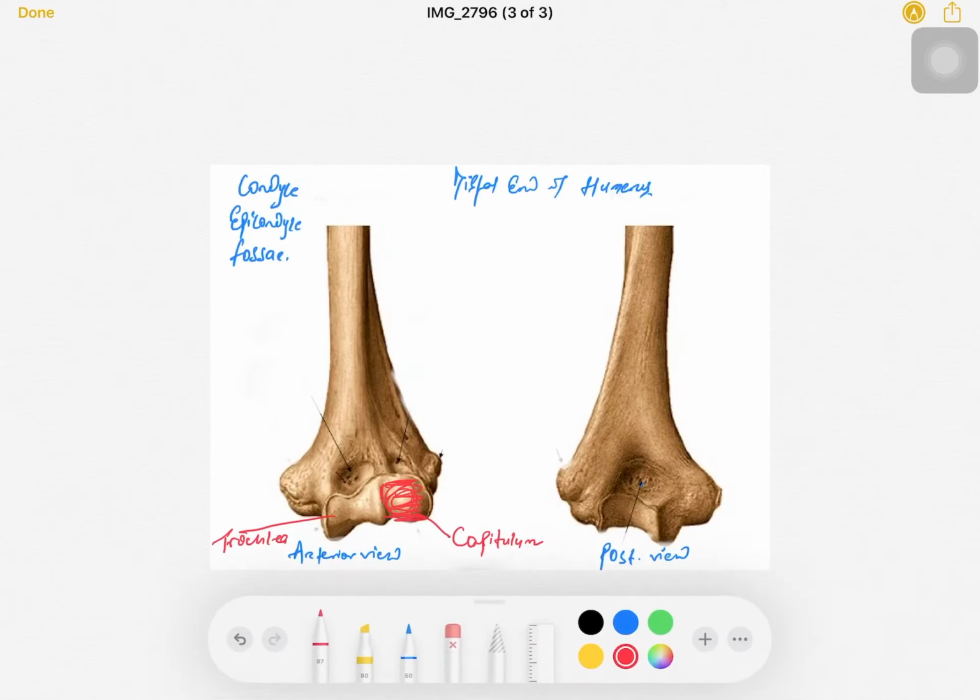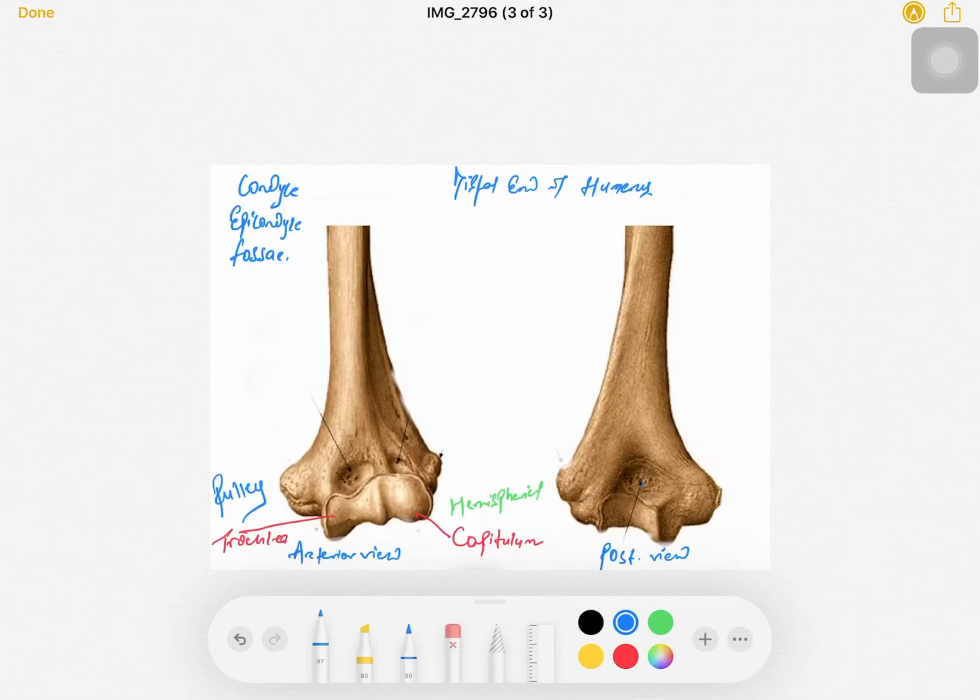In this picture, the capitulum is hemispherical in shape, and the trochlea is pulley shaped.